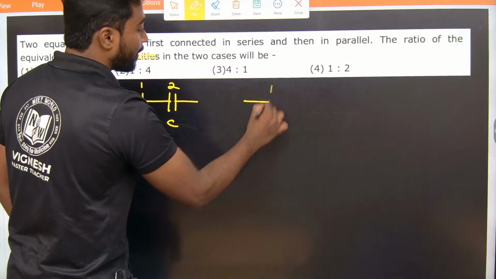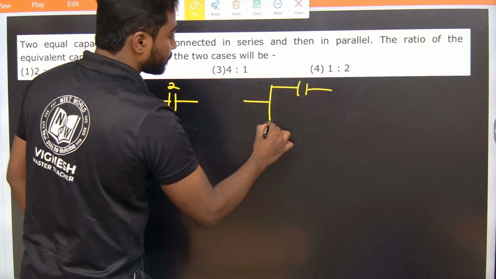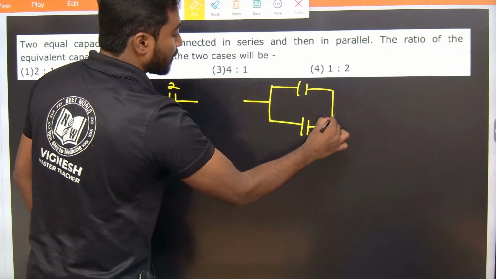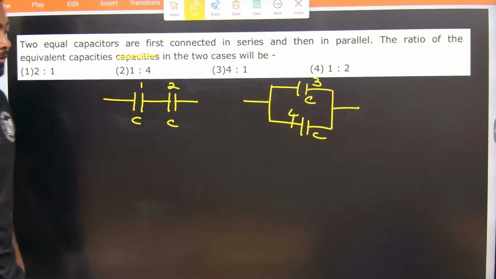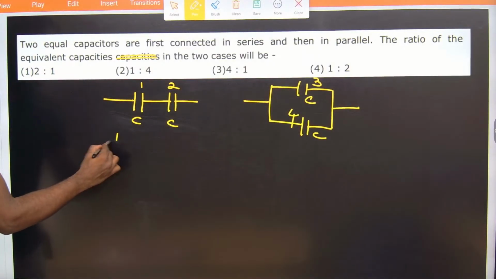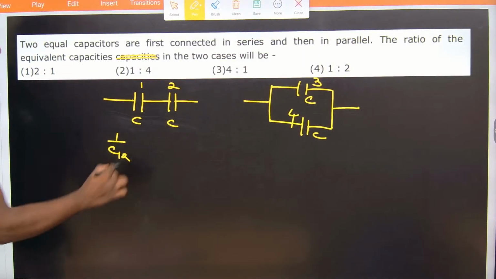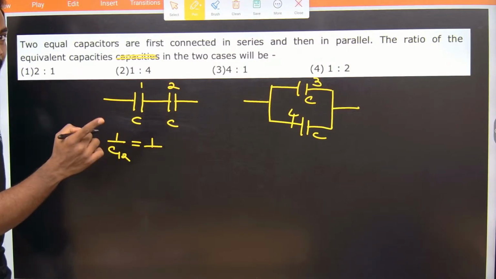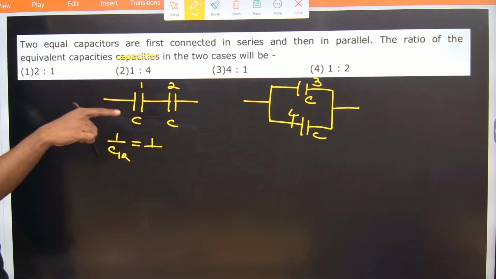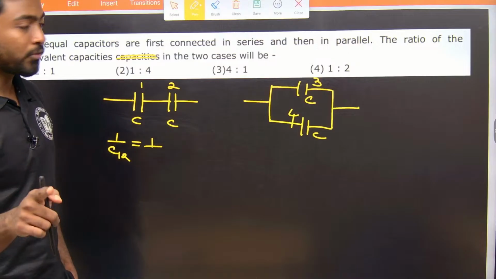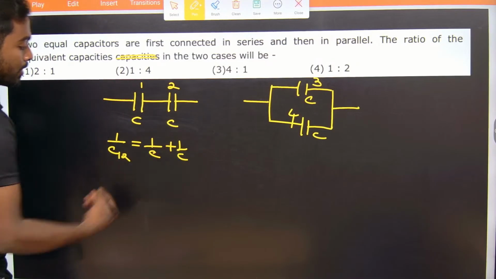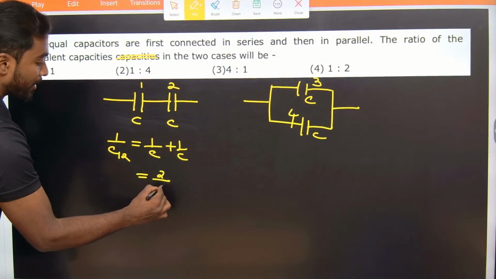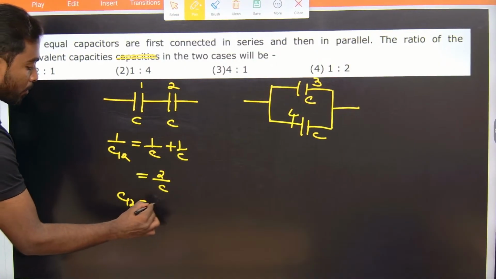For the parallel case, this also is C only, C and C. So this is the third capacitor and this is the fourth capacitor. So for series the formula is 1 by C12 should be equals to 1 by C1 plus 1 by C2. C1 is equals to C2 equals to C3 equals to C4. Everything is equal. So 1 by C plus 1 by C, which is nothing but 2 by C. So C12 should be equals to C by 2.